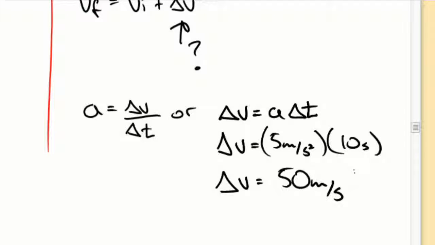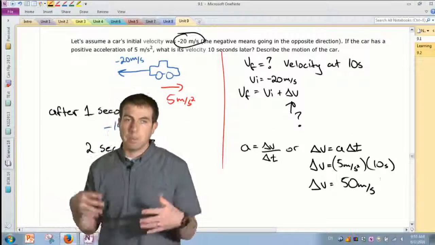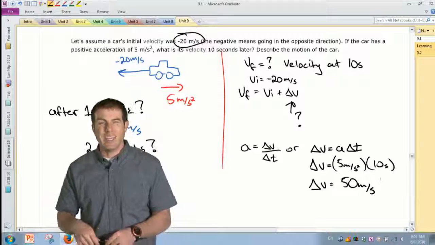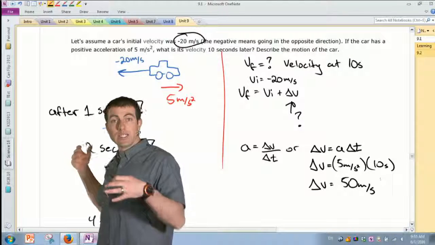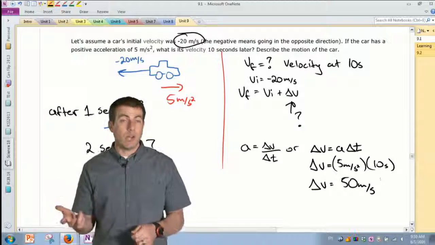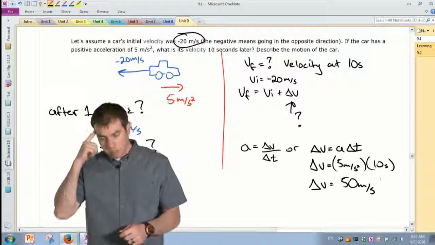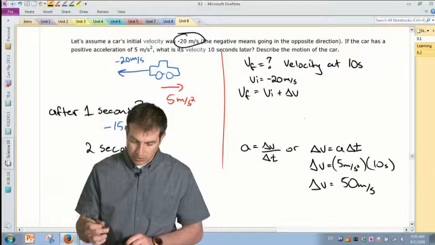Okay, let's think about it this way. I know my velocity increases, it changes by positive 50 meters per second. If initially I was going backwards at 20, and I know my change was positive 50, what should my final velocity be? I can think about it in my head, or I can plug it into my equation up above here.